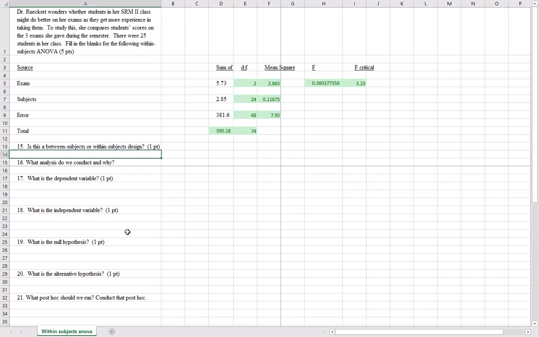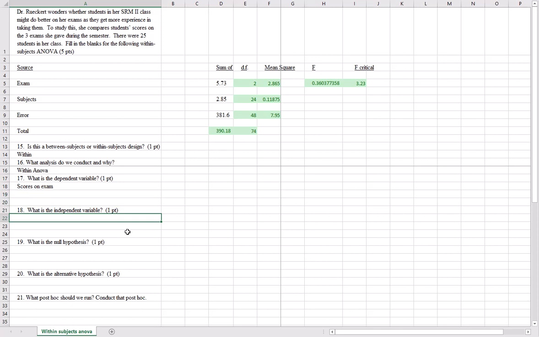Is this a between subjects or within subjects? This is within. We conduct a within ANOVA. Dependent variable: scores on exam.